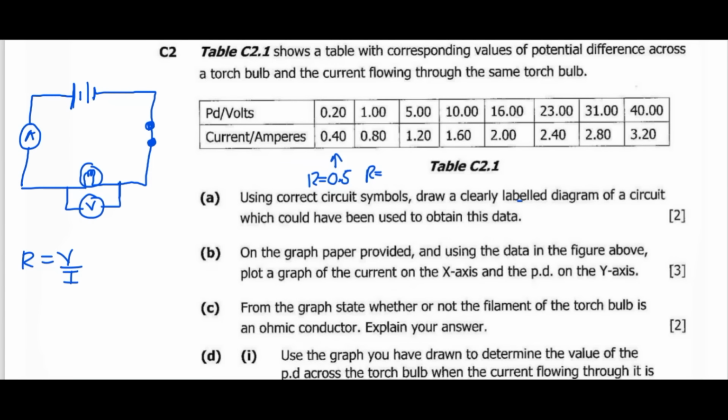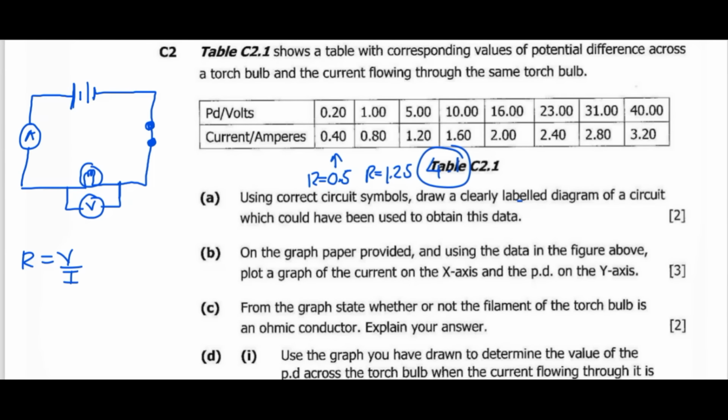Then let's check for this one. So for this one it will be 1.0 divided by 0.8. So it's 1.25 here. Then here we have 5 divided by 1.20, which is 4.0. So we can see that the resistance is increasing.